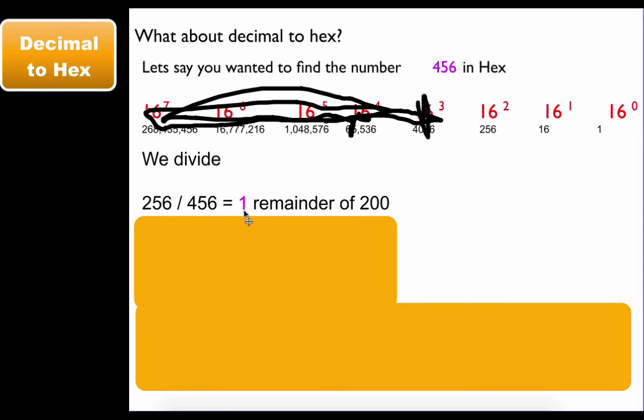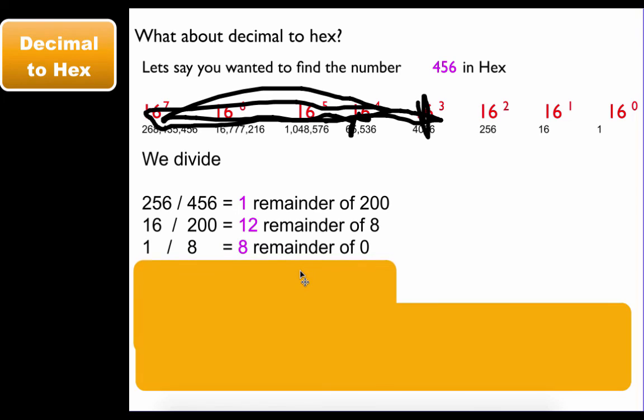It fits one time, and we have a remainder of 200. Then we will take this number here, 16 to the power of 1, and we'll divide 16 into our remainder of 200. It goes in 12 times, and it has a remainder of 8.